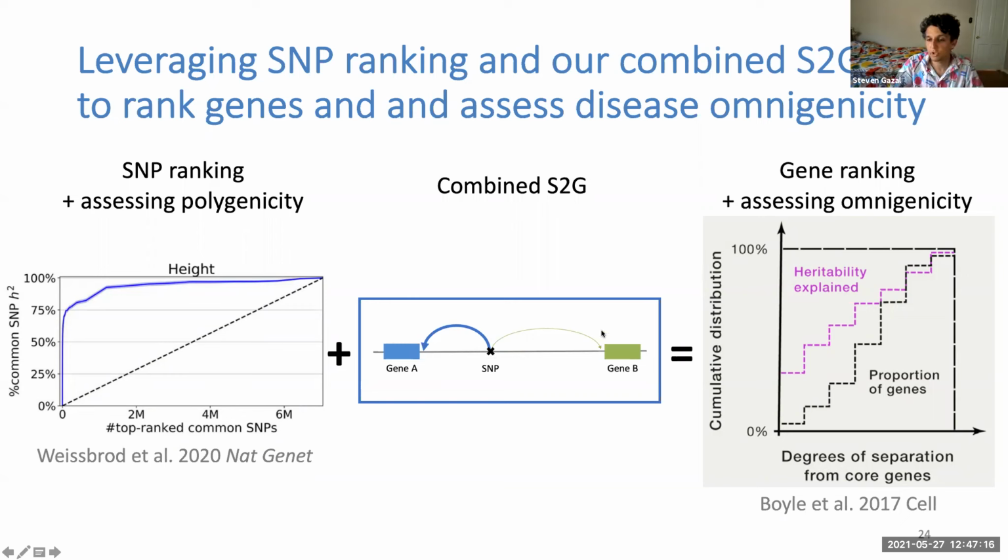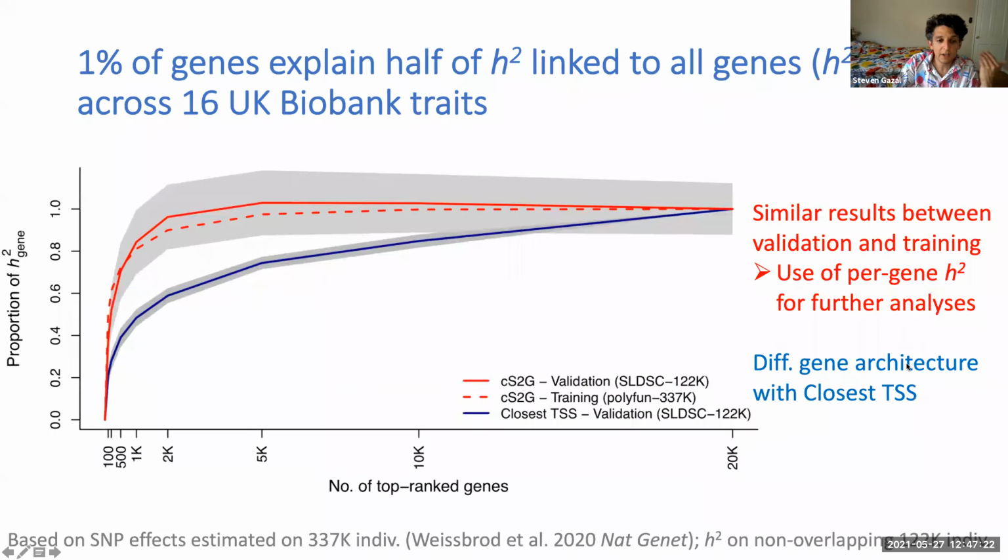Then we can rank the genes and see the fraction of heritability each group of genes explains. Okay, and so this is what we did here. We analyzed 16 independent UK Biobank traits. We did fine-mapping on around two-thirds of the individuals.